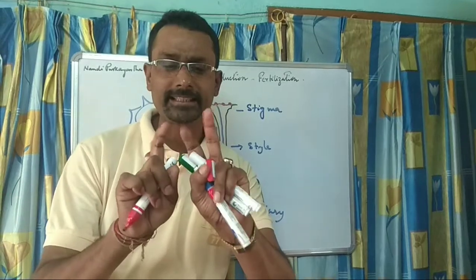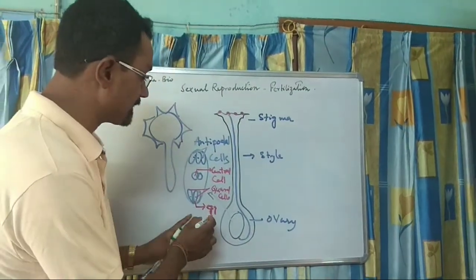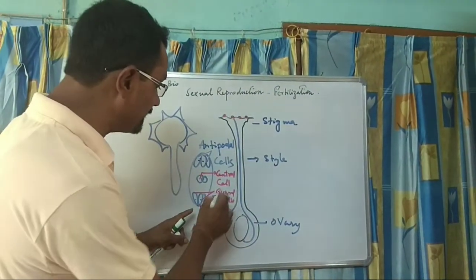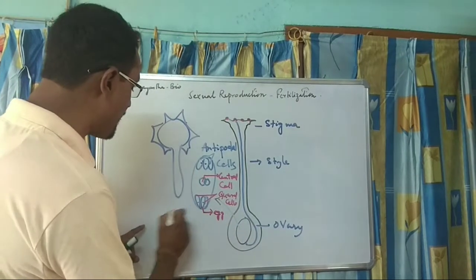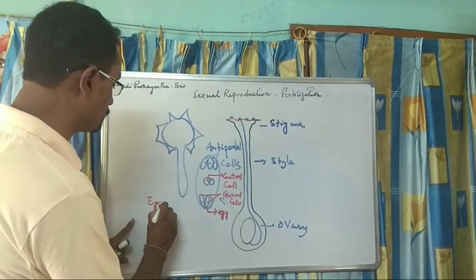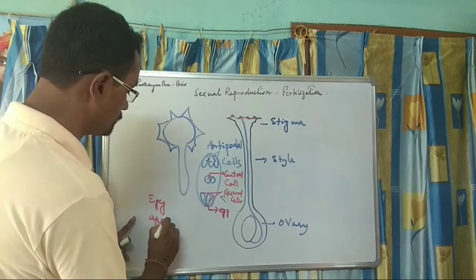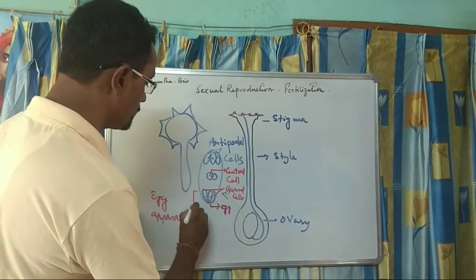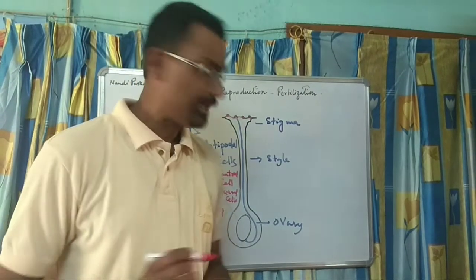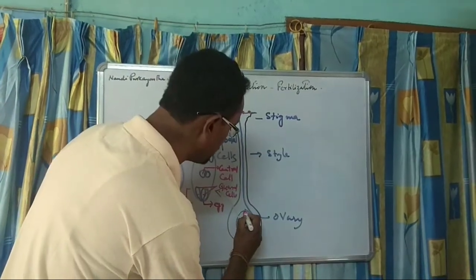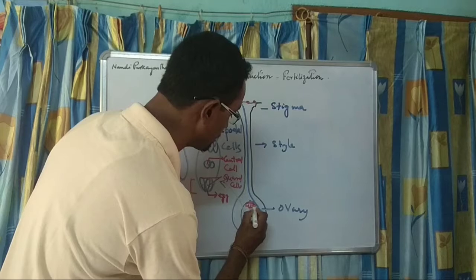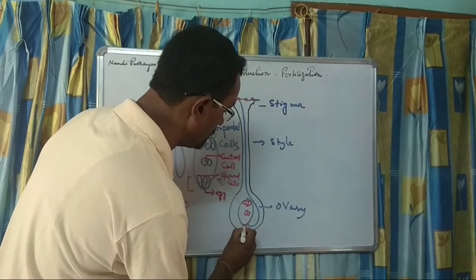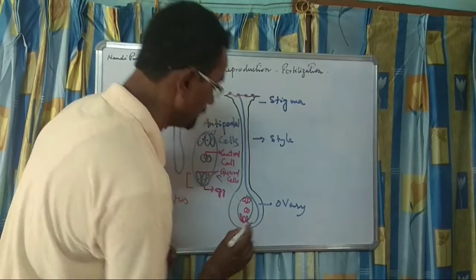This is one and this is another. These are called guard cells. Together, guard cells and egg are called what? Egg apparatus. Got it? So we are finding here 3 cells at the top, 2 in the middle, and 3 at the bottom.